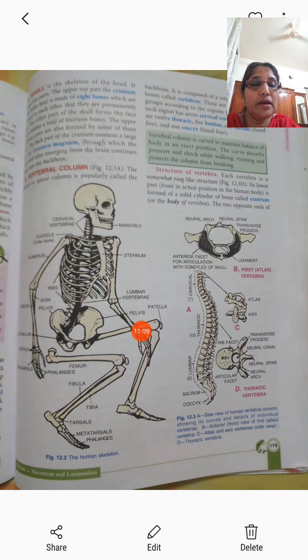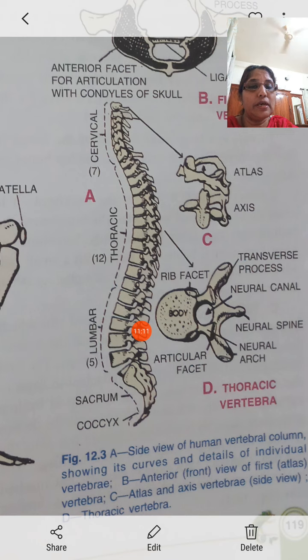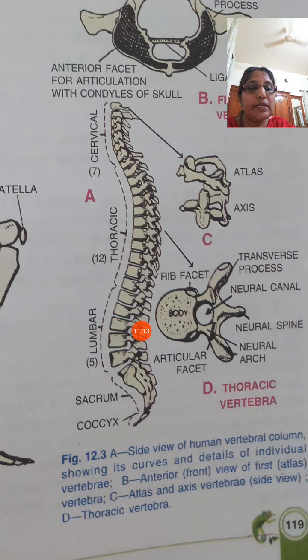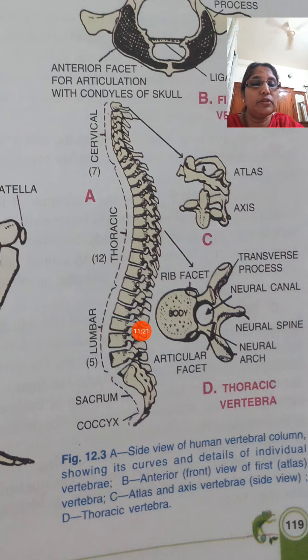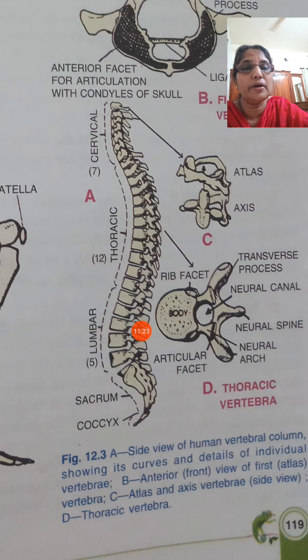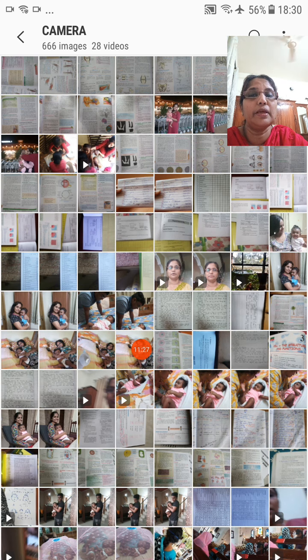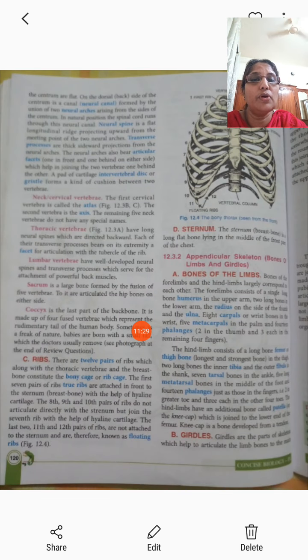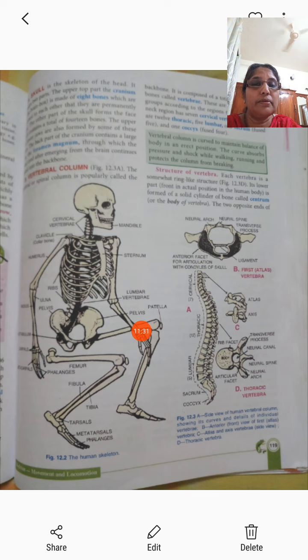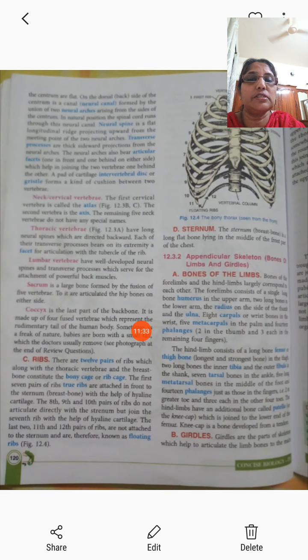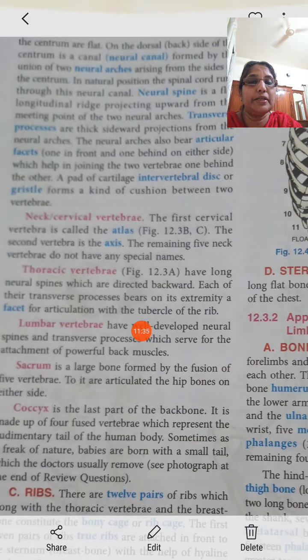You can see the transverse process here, two projecting regions known as the transverse process, and a neural spine also. The neural spine helps the vertebrae to attach to each other. That is the structure of the vertebra.